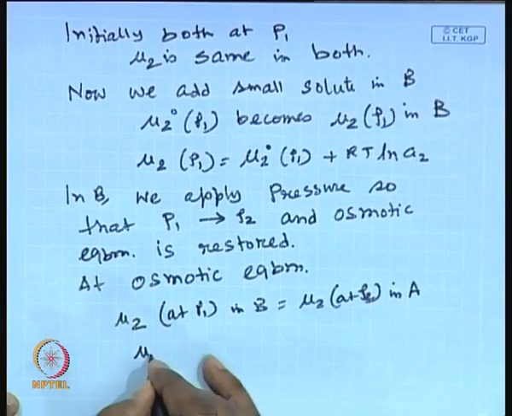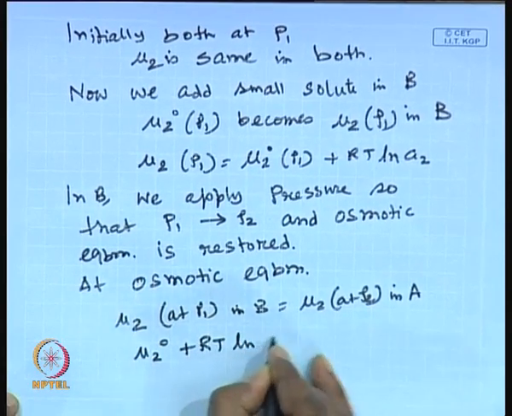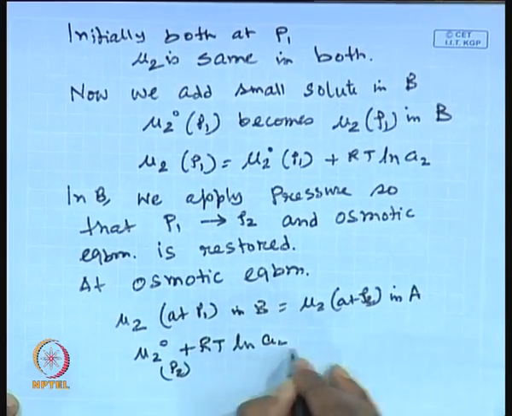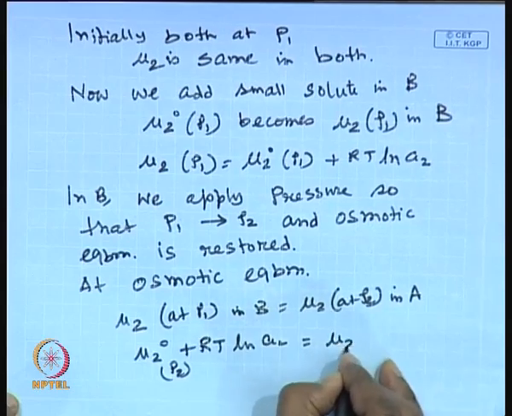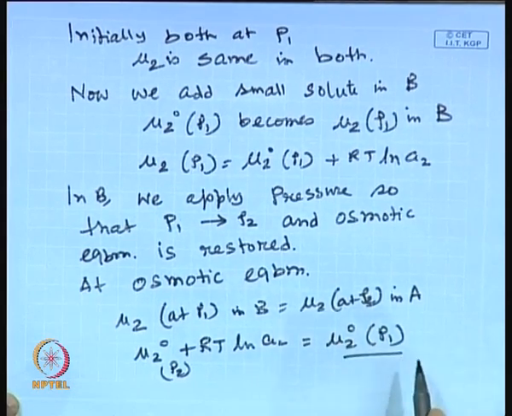So, this becomes mu 2 naught at P2 plus RT ln A2 is equal to mu 2 naught at P1, because in the other chamber we had the pure solvent.